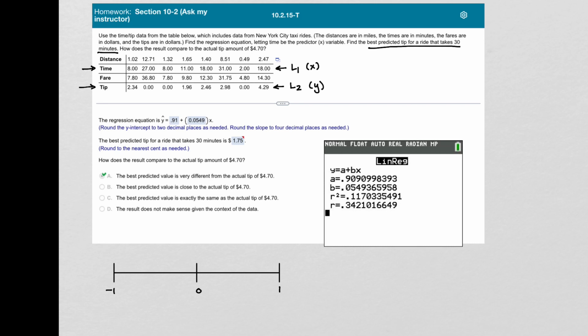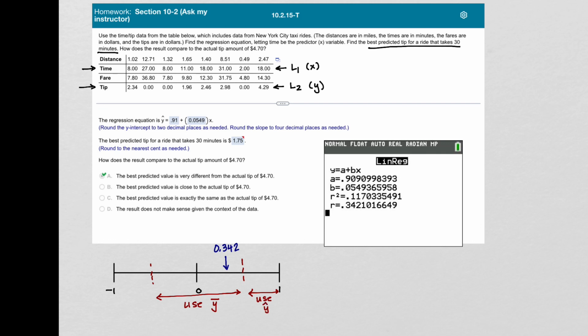So in this problem, they don't give you the table, but what I can do is say, well, this value is falling down here, 0.342, and this would be in that middle area where we want to use the mean of the Y values, not this area where we use the regression equation.